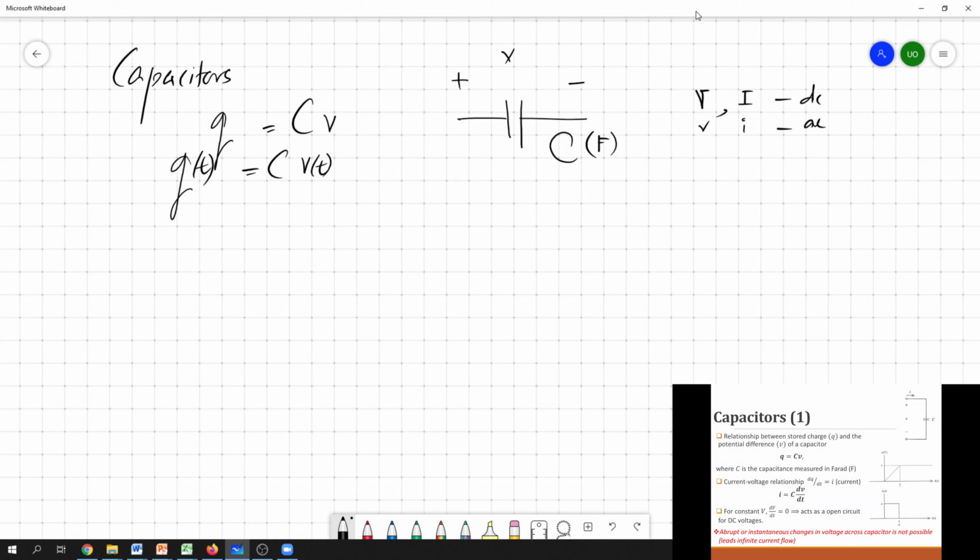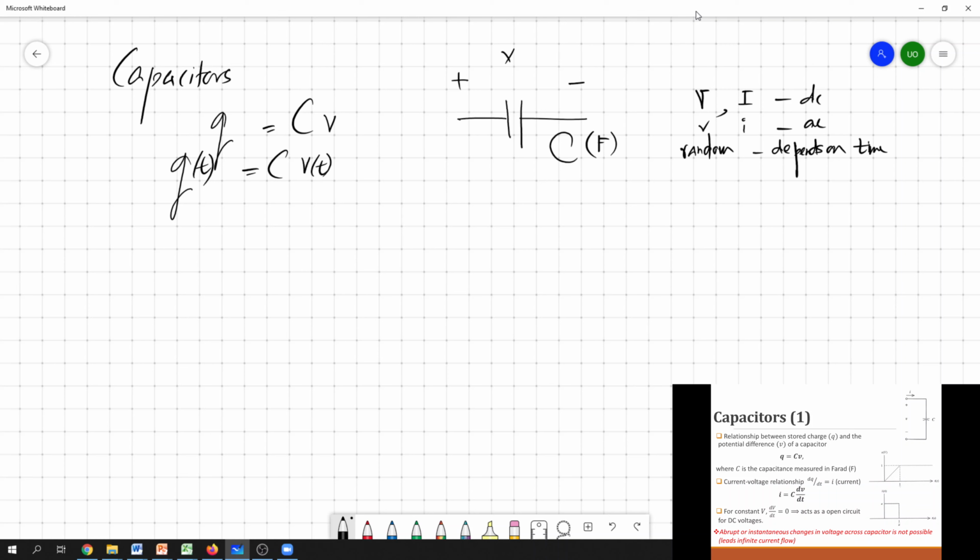If you use a simple lowercase v or lowercase i, it is a kind of random quantity, meaning the voltage or current depends on time. For most of the time, the voltages and currents we discuss here are functions of time.